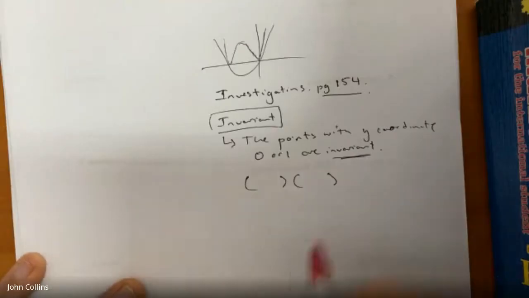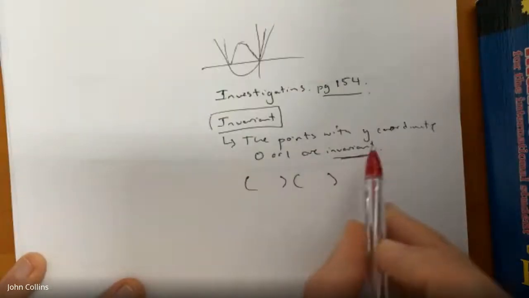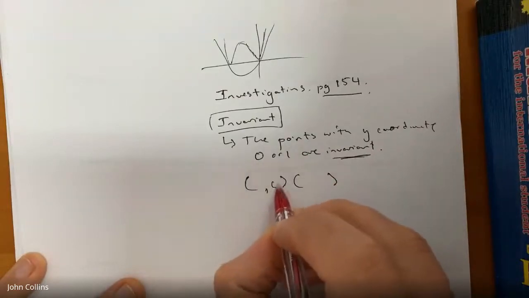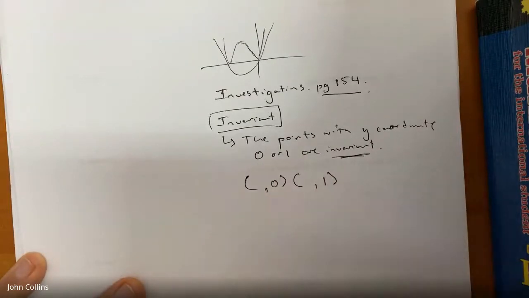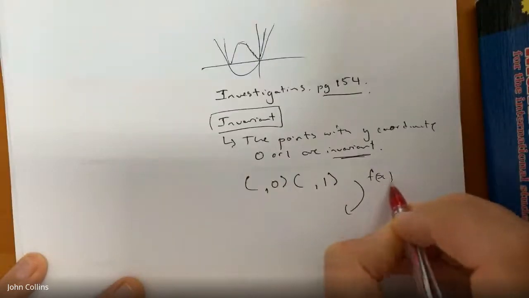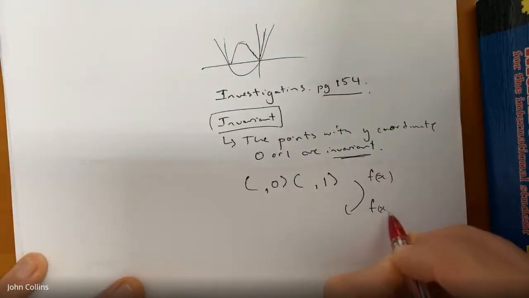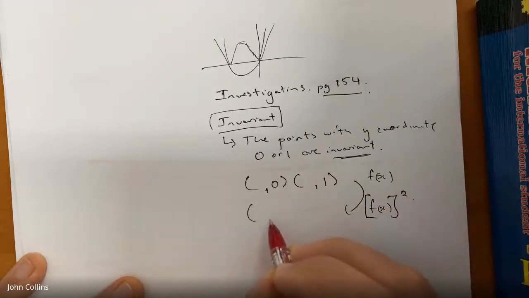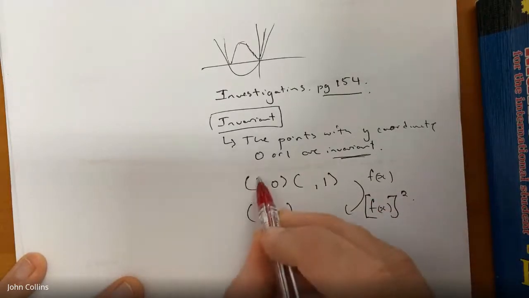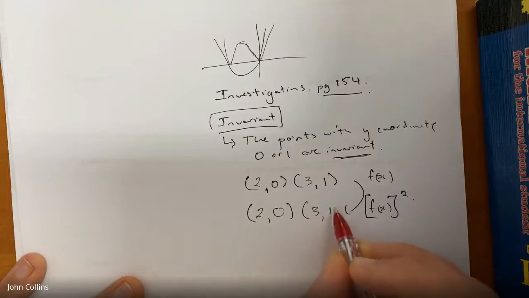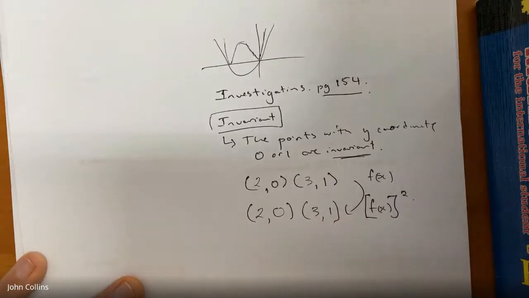Yeah, not changing. So the y coordinate 0 or 1, they are invariant from the original function to the function if we were to square it. In other words, if that was 2, 0, 3, 1, it would be 2, 0, 3, 1 on it squared.